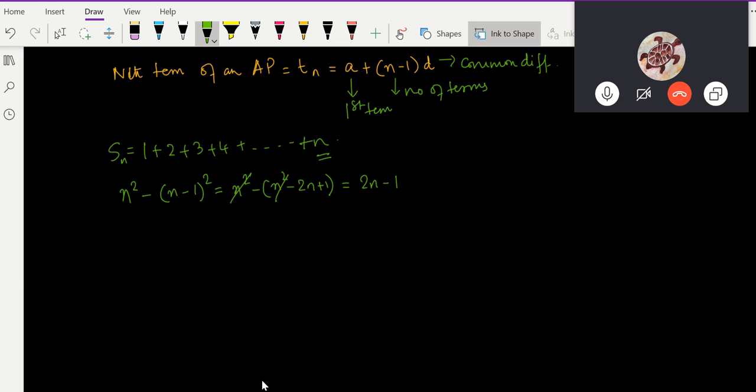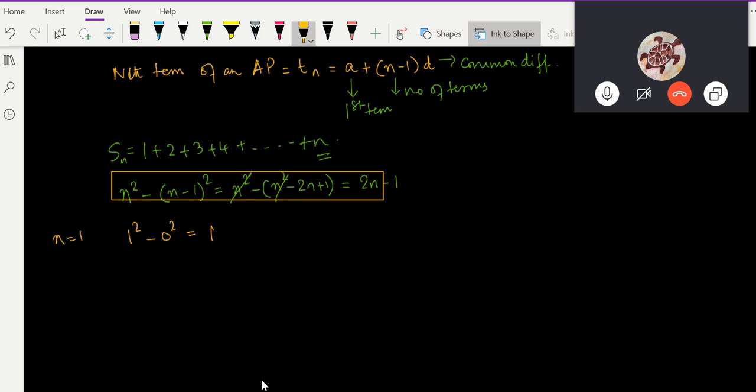So we can write, I'll put values of n now. So 1 square minus 0 square is equal to 2 into 1 minus 1, which is 1, right? I'm putting n equal to 1 in this equation.